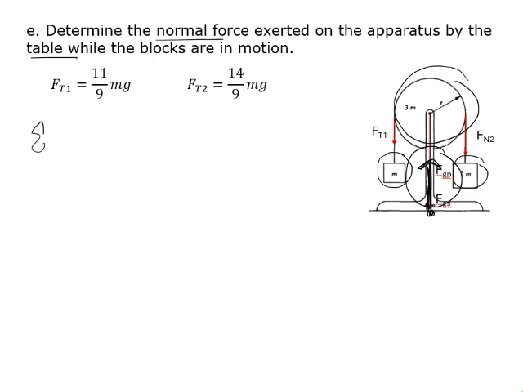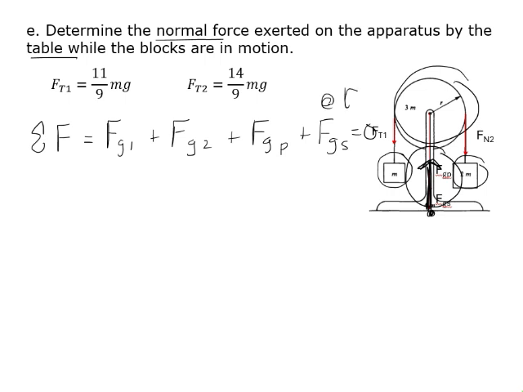If we summed the forces and said that these were in equilibrium, then we would have the force of gravity on mass 1 plus the force of gravity on mass 2 plus the force of gravity from the pulley plus the force of gravity from the stand. And that whole system would be equal to 0 if it was at rest. However, since this thing is not at rest, this doesn't work.